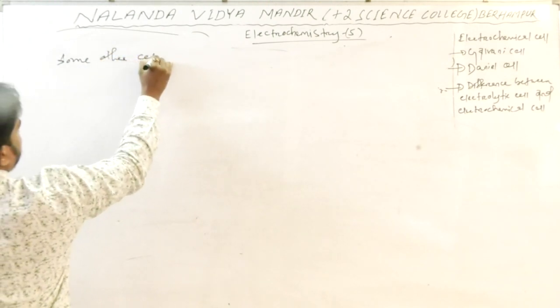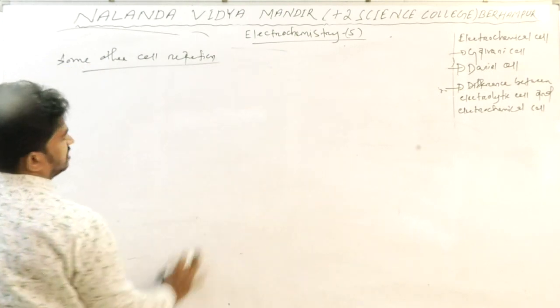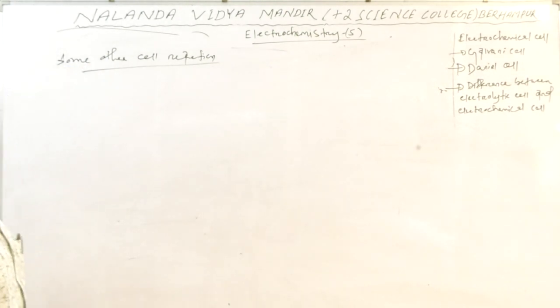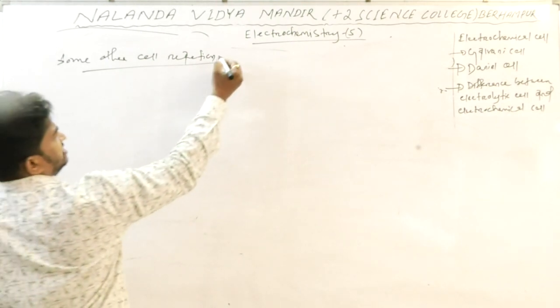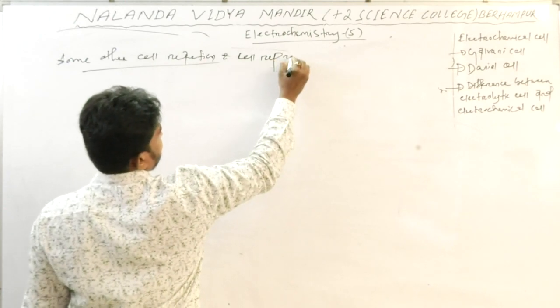Some other cell reactions come from galvanic cells. First one, cell reaction and cell representation.